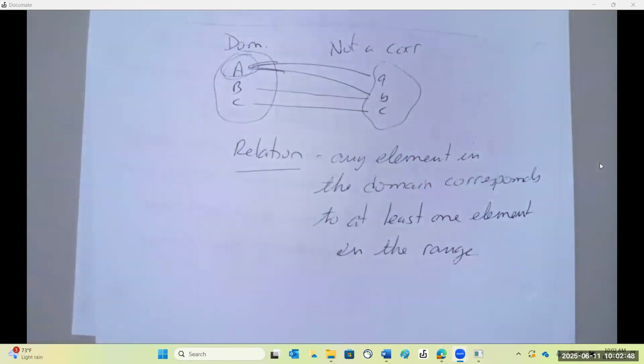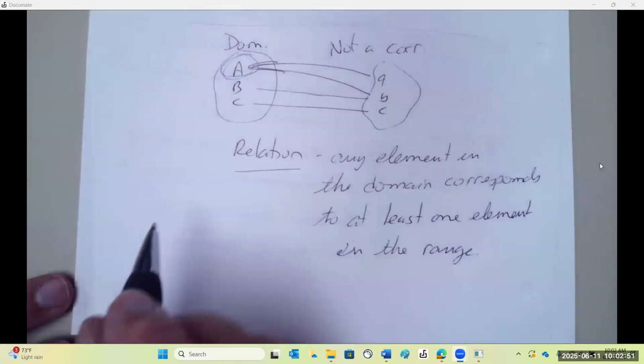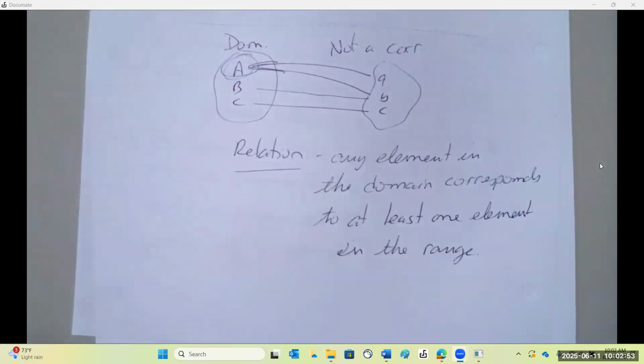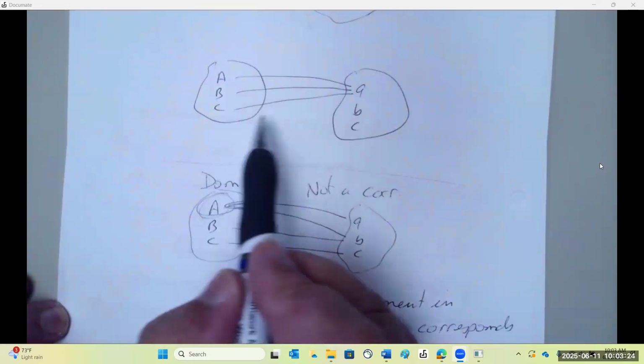So that's a relation. A corresponding function is 1-to-1. And the easiest way you could do that is look how many arrows are coming out of the left side. If there's more than one arrow coming out of the left side, it's no longer a function, it's no longer a correspondence, it's now a relation. As opposed to if it's only got one, it doesn't matter who it goes to.